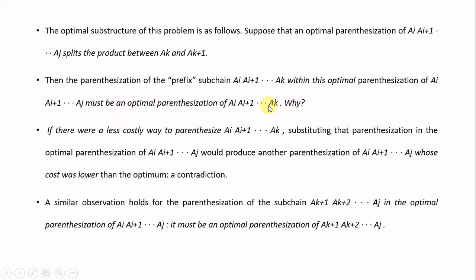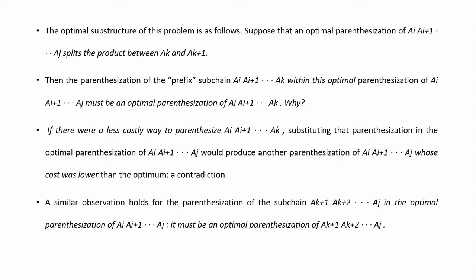So what does that mean? You have a long chain, Ai to Aj, and we are splitting at Ak and Ak+1. So you now get Ai to Ak and Ak+1 to Aj. When you consider Ai to Ak, you are trying to find an optimal parenthesization for this. This optimal parenthesization means it is an optimal parenthesization for Ai to Aj.